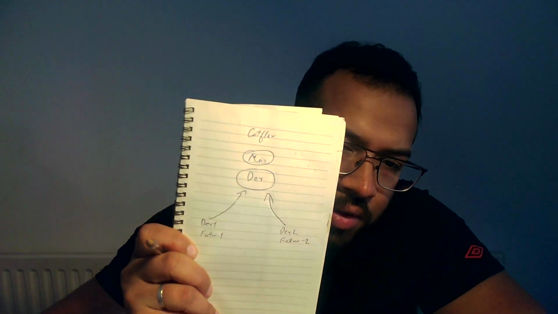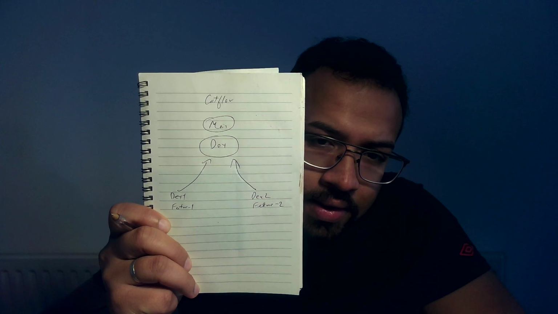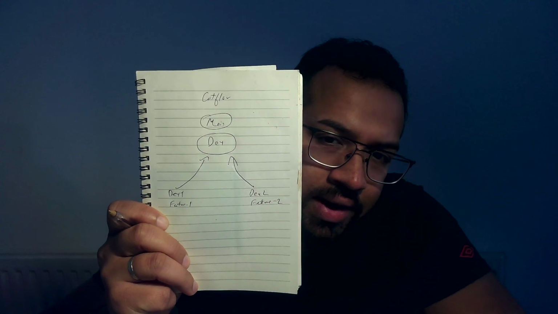You've got the main, dev, feature 1, feature 2. Now what's happening here, as you can see, is two developers working on new branches, and they're pushing the code into the dev branch.